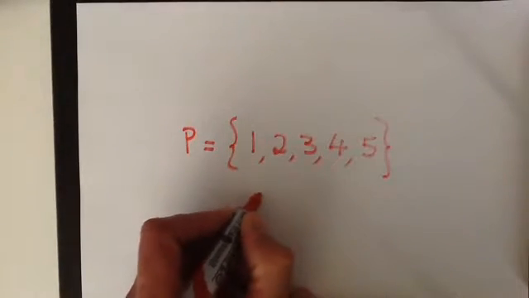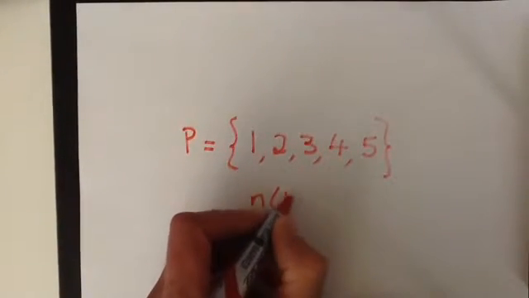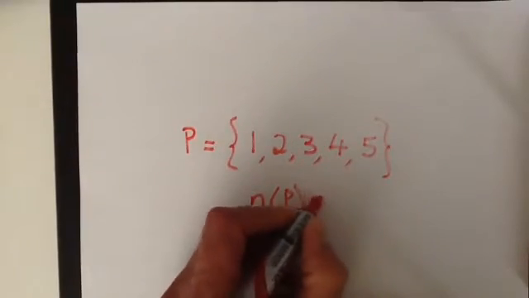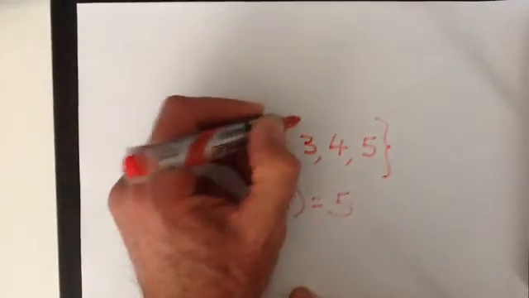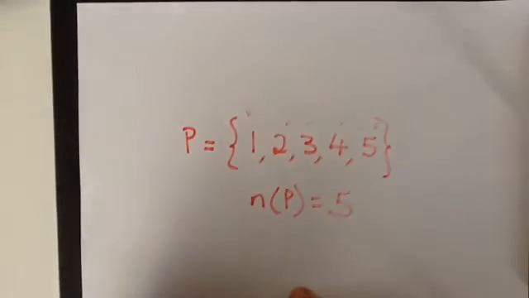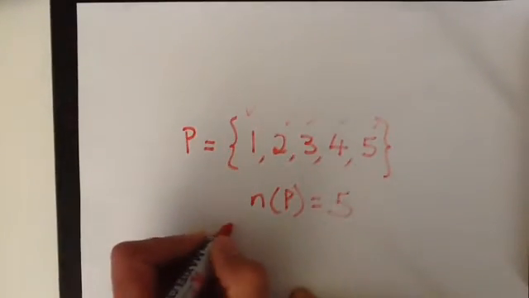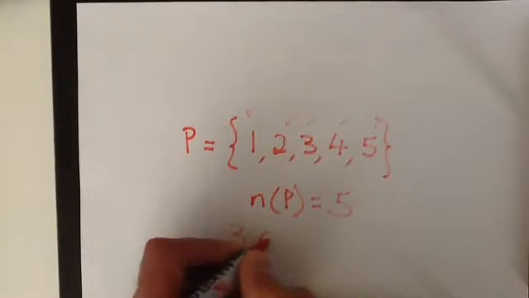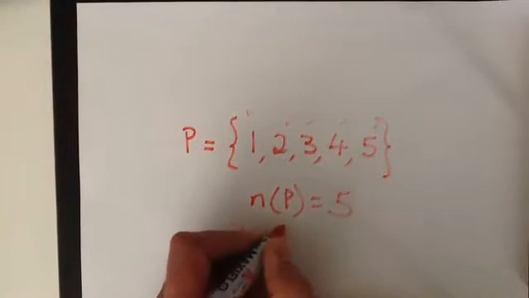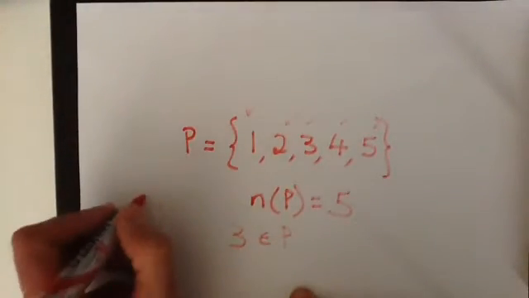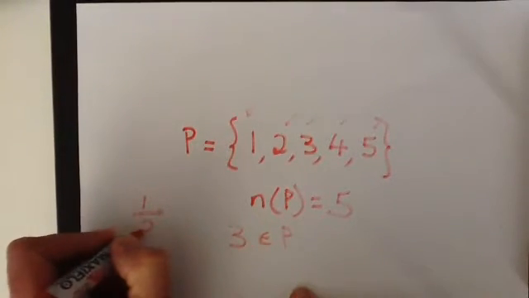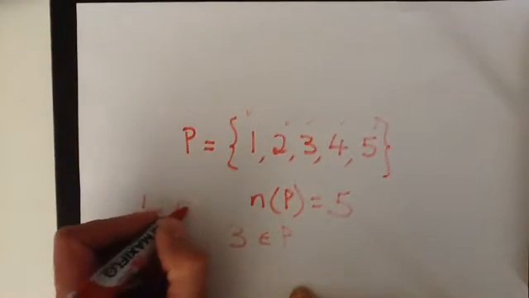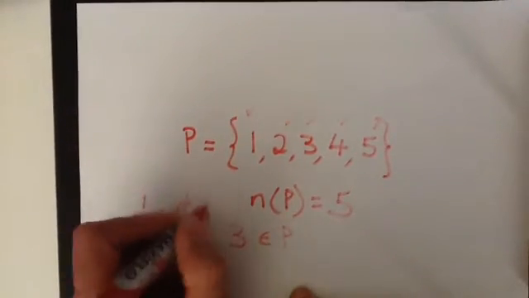Then we know the number of elements in P is 5. 1, 2, 3, 4, 5. And for example, 3 is an element of P, but a number like a half is not an element of P.